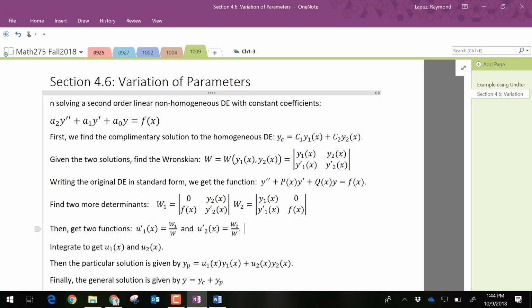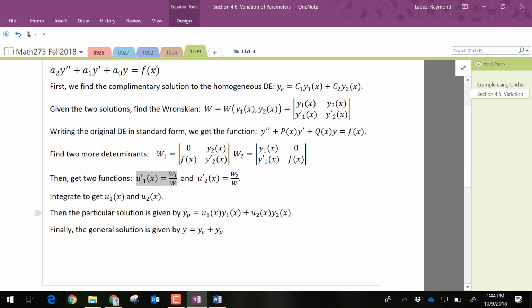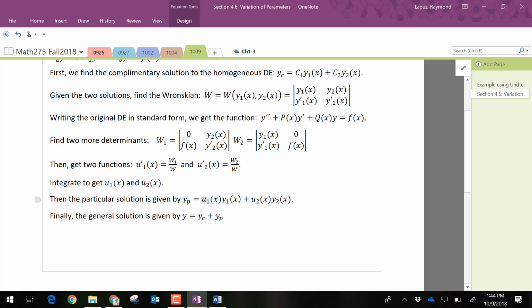So anyways, we're interested in finding two functions, u1 and u2, and you can solve for them by using these Wronskians. Your particular solution is not technically a linear combination of y1 and y2 anymore, because u1 and u2 are not constants.